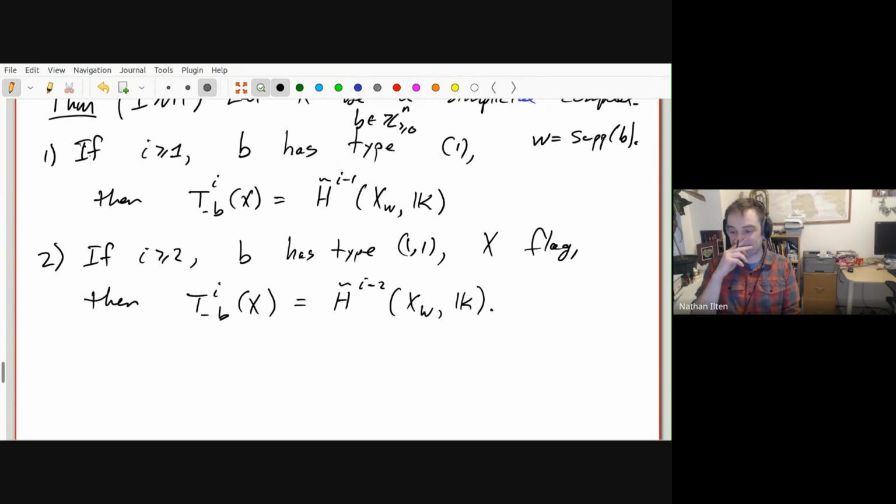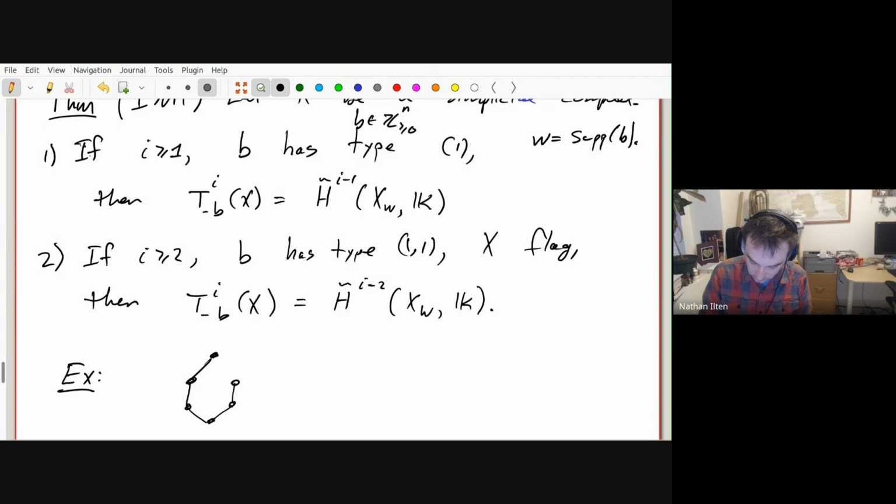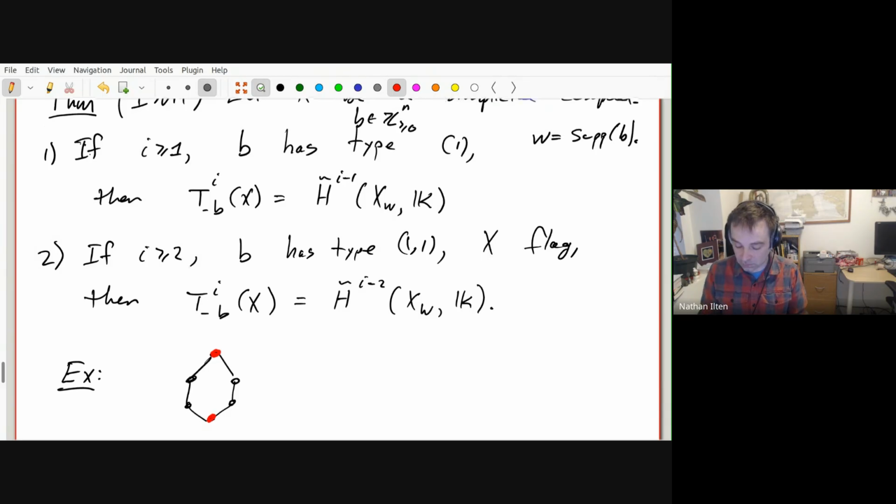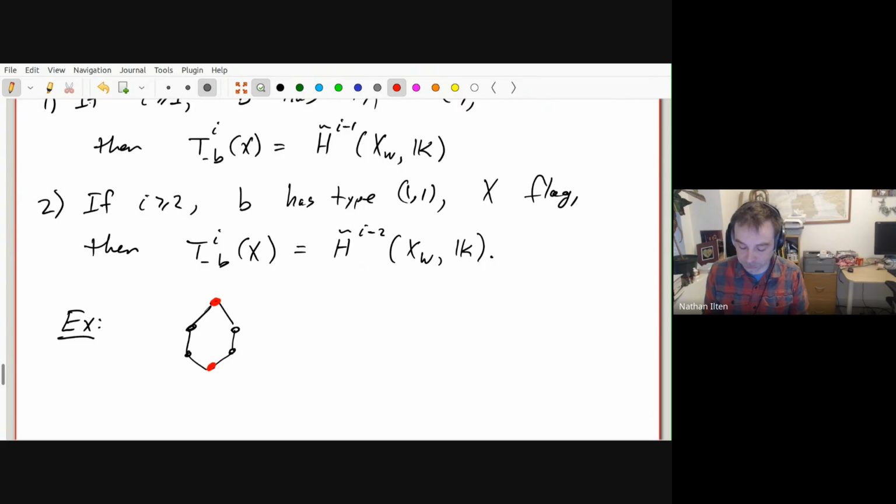Okay, so this lets us deal with things of type 1 and type (1,1). Let's maybe look at an example of this. And so we'll take our standard hexagon example. And let me take B to have support given by these two red vertices here. Okay, so this is of type (1,1).